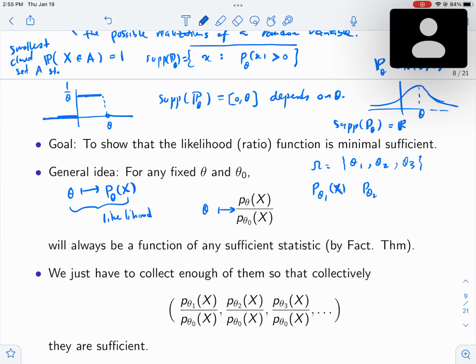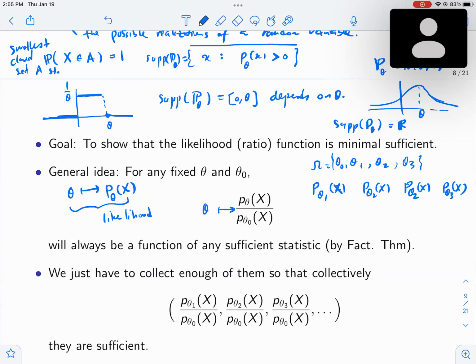Well, let's do 4, for example: theta 0, theta 1, theta 2, theta 3. These are going to be random variables, right? Once I fix my x here, and the thetas are fixed, these are known numbers.